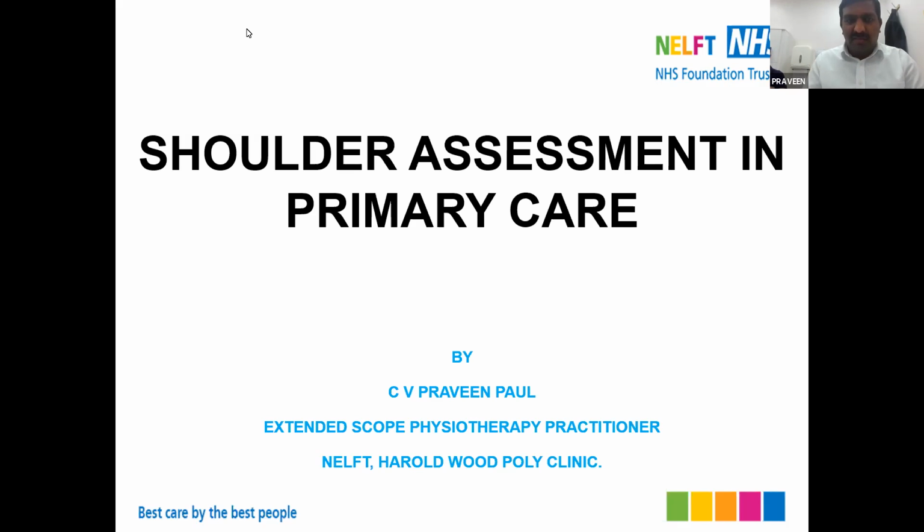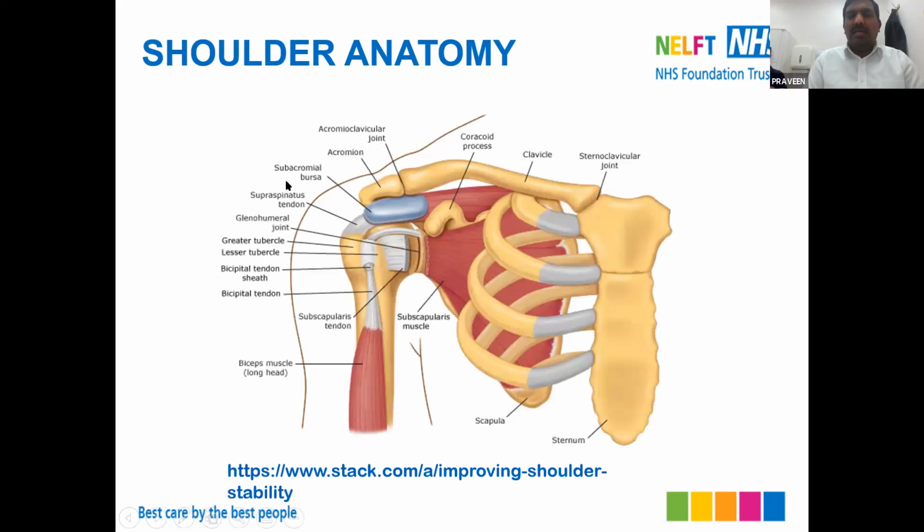The shoulder joint in itself, I've just started with a brief run of the anatomy of the shoulder joint. The shoulder joint, as you can see here, is made up of the sternoclavicular joint, the acromioclavicular joint, the glenohumeral joint, and some books also include the scapulothoracic articulation, the articulation between the scapula and the thoracic ribs.